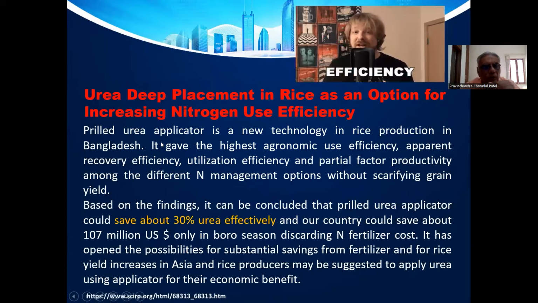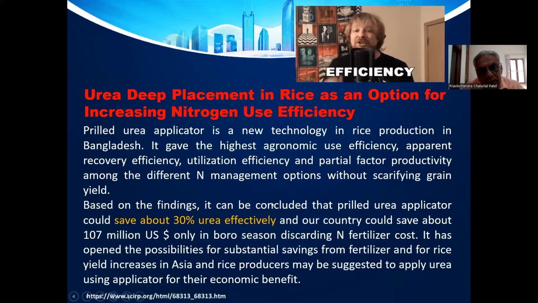It continues: the urea applicator is a new technology in rice production in Bangladesh. It gave the highest agronomic use efficiency, apparent recovery efficiency, utilization efficiency, and partial factor productivity among the different nitrogen management options without sacrificing grain yield. So here you can increase the grain yield, and we can increase the efficiency of the fertilizer, and the cost of the fertilizer is also minimized.